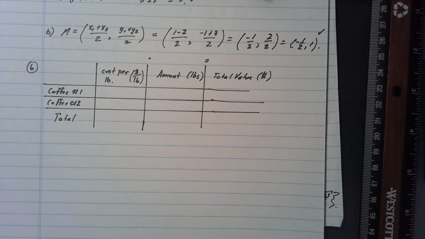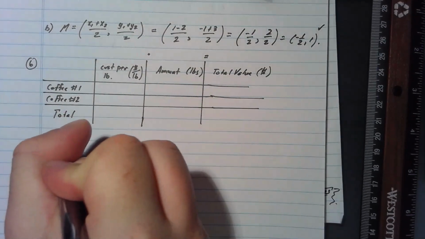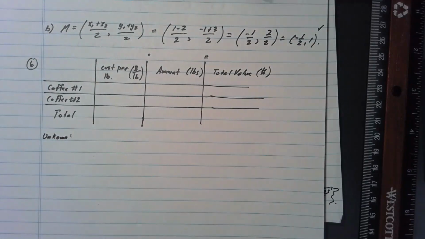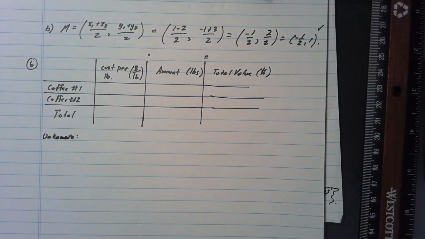So what is the unknown here? Remember, the unknown is the first thing you want to do. The unknown value is the thing you want to label. So you want to let a variable represent the unknown. And it says, what amounts of each coffee should be blended to obtain the desired mixture?